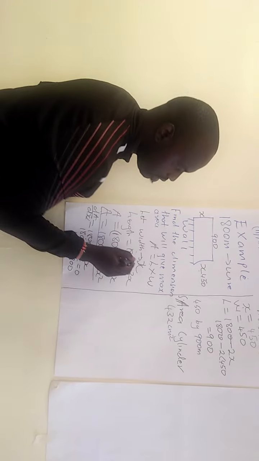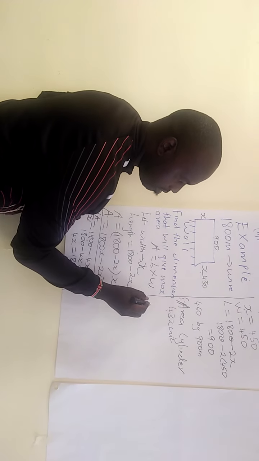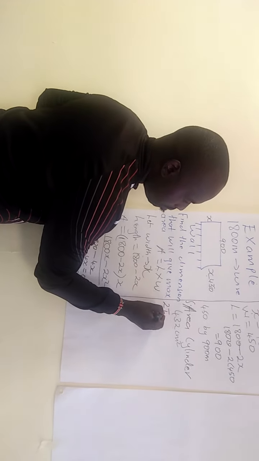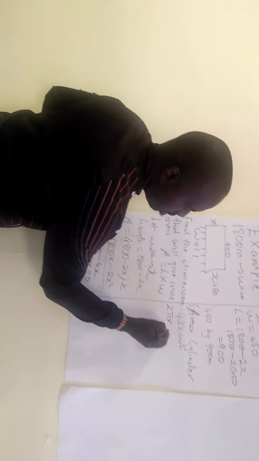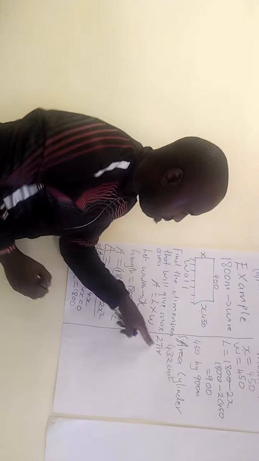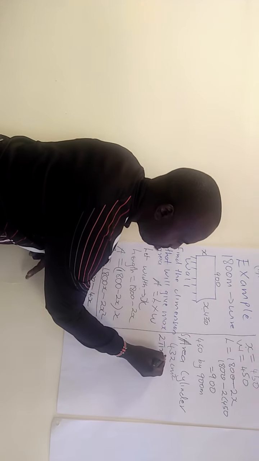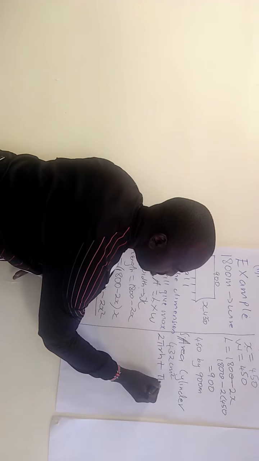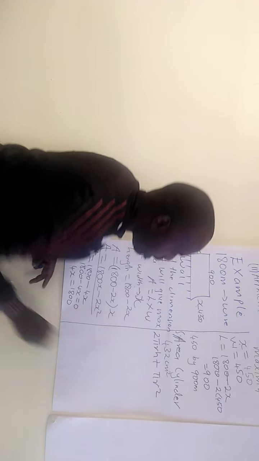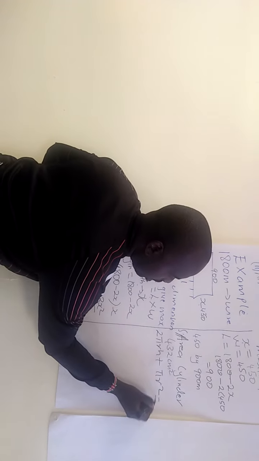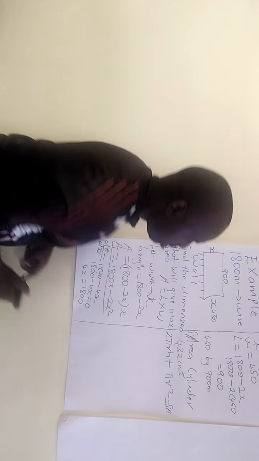We know the surface area of a cylinder, the curved surface, is 2 pi r h, plus pi r squared. This is how we get the surface area.